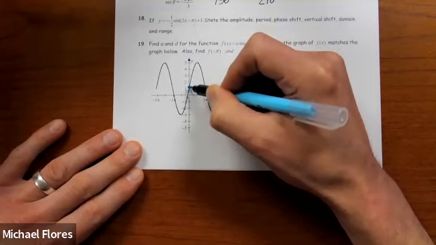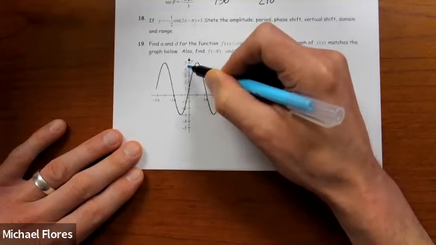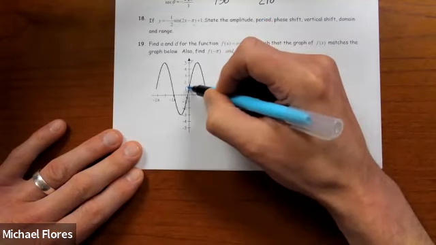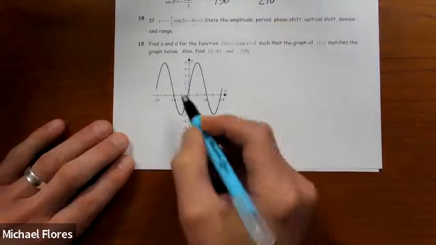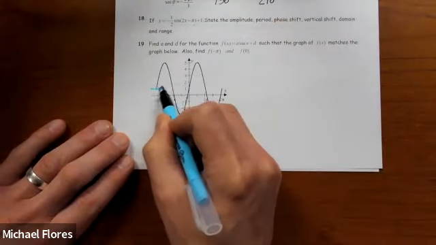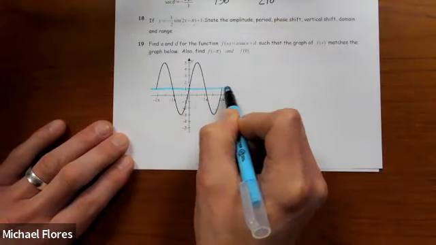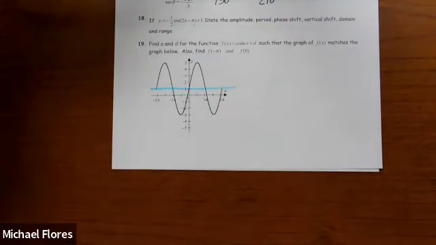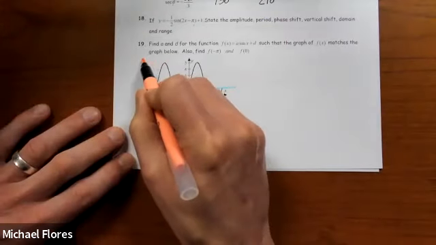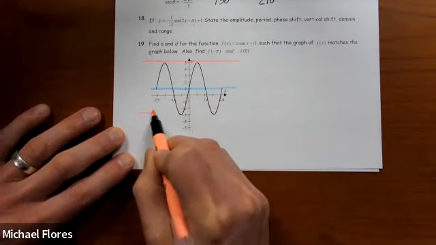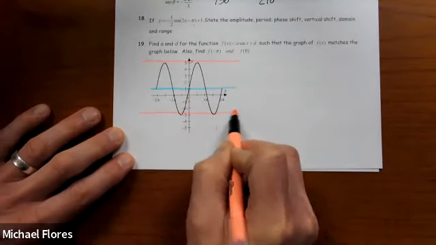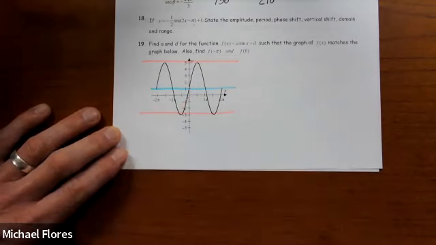So from 1, I would go up 1, 2, 3, 4 boxes. From 1 down 1, 2, 3, 4 boxes. Perfect. So 1 is going to act as our midline here. Our top bumper is going to be at 5, and the bottom at -3.